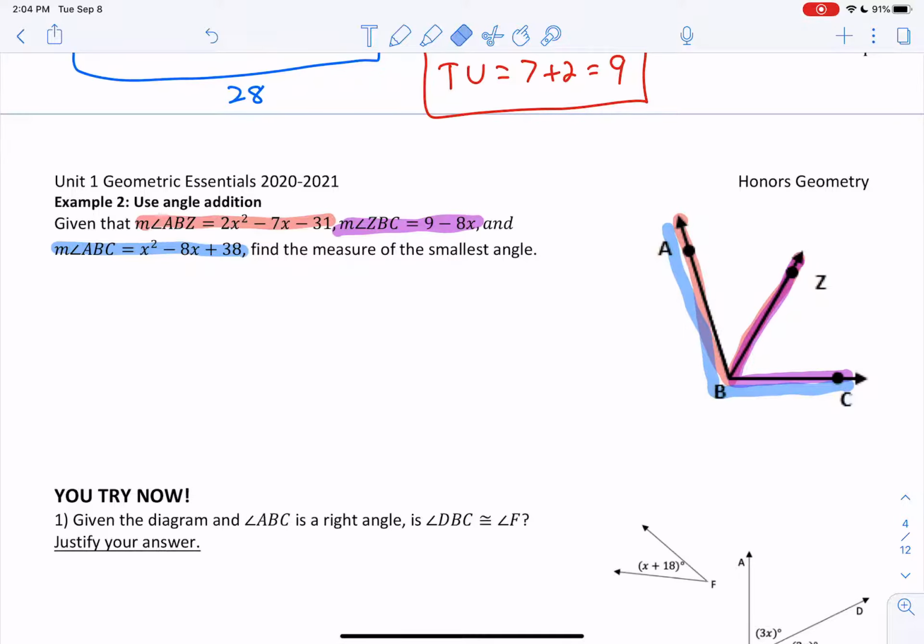Okay, so it might not seem like it right now, but all this is part 1 plus part 2 equals the whole thing. Here's part 1, here's part 2, here's the whole angle right there.